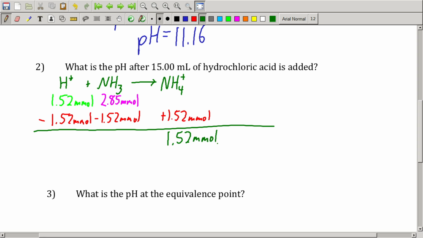And remember, that's the conjugate acid. And how many millimoles of conjugate base? Okay, so we definitely have a buffer.